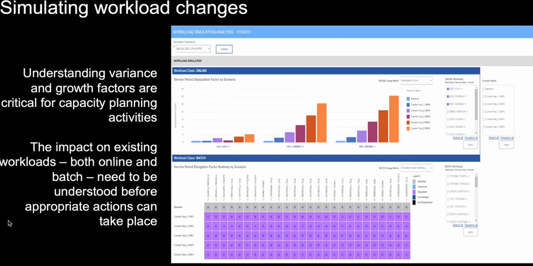So you may have known trends of how workloads increase year on year, but other change might be unexpected. So it's often useful to do an estimation of applying different levels of growth over the coming years and see at a workload level what the impact on performance will be, and focus in on areas of interest.